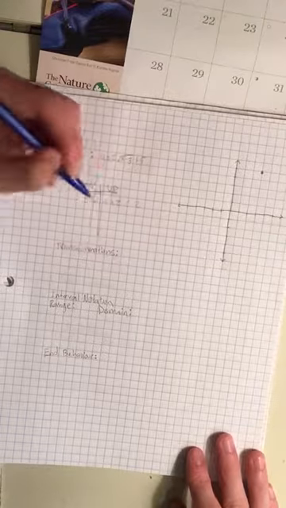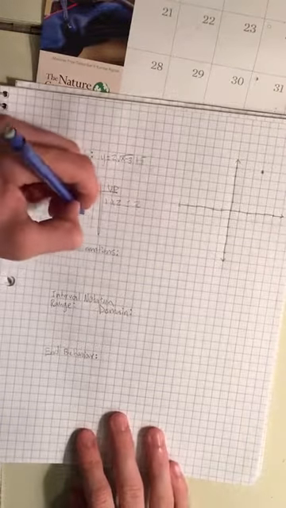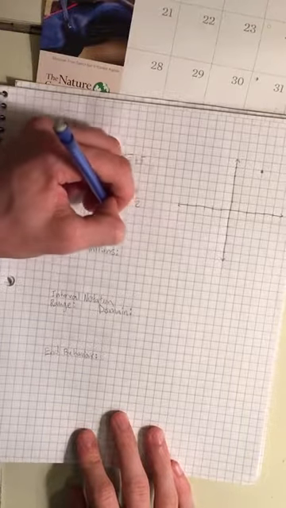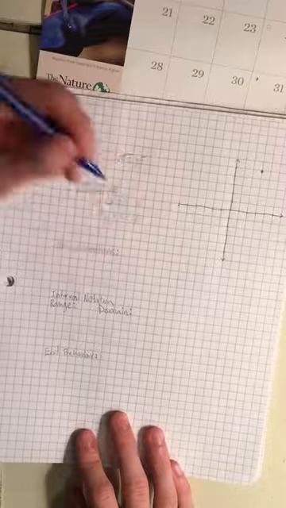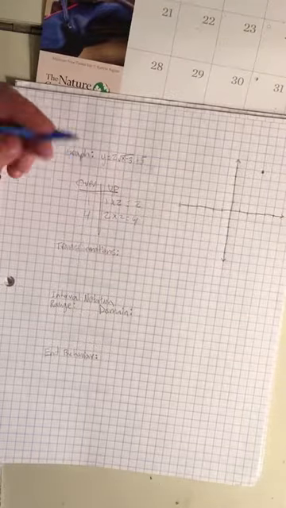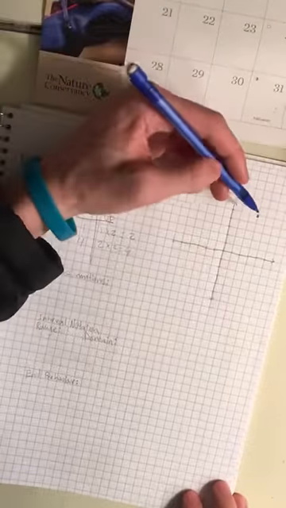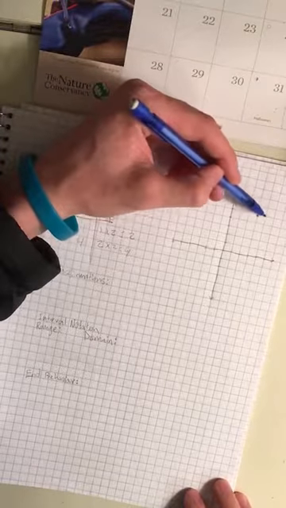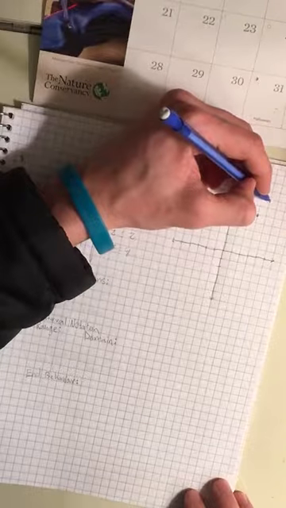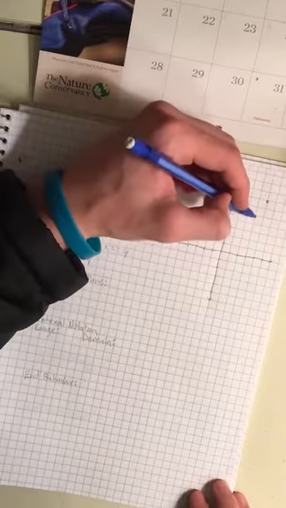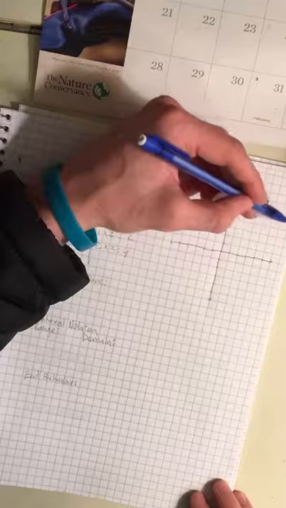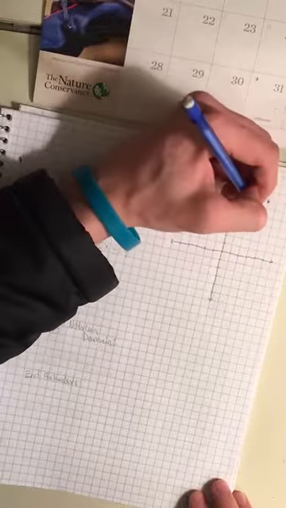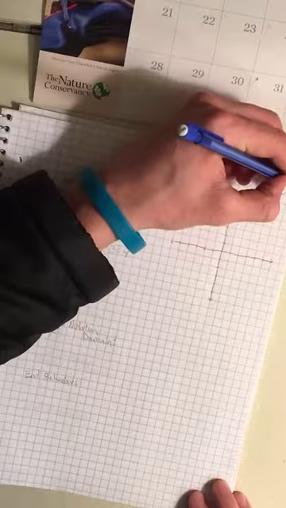So that's going to be over 1 up 2, over 4, and so we would have 2 there, times 2 is 4, so over 4 up 4. So we're going to go over 1 up 2. We're going to go a little off the graph here. And over 4, 1, 2, 3, 4, and up 4, 1, 2, 3, 4. So our line is going to start going off that direction like that.